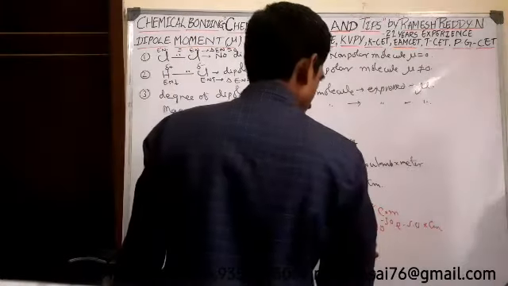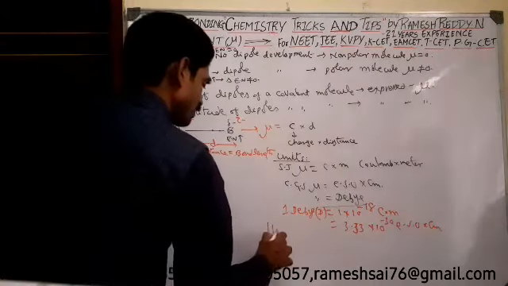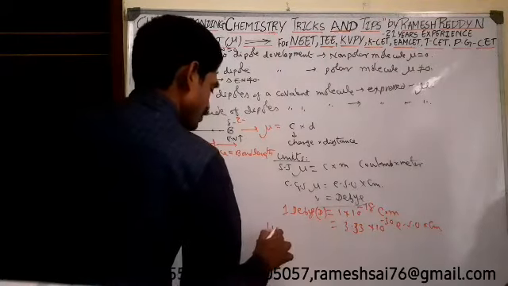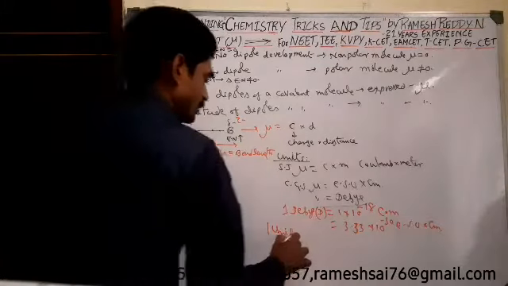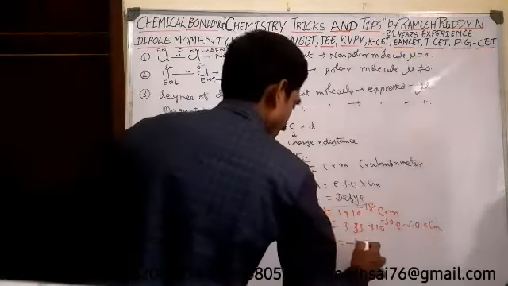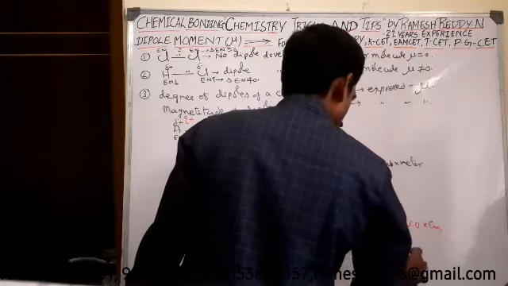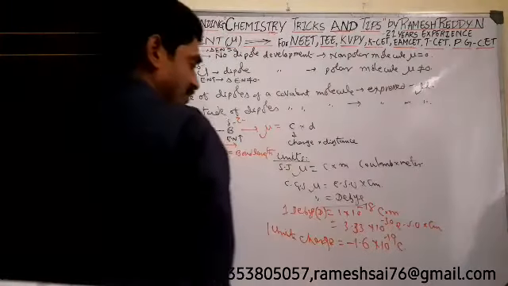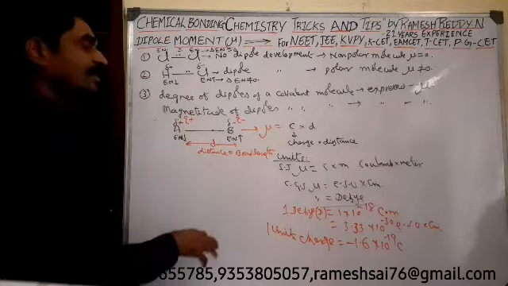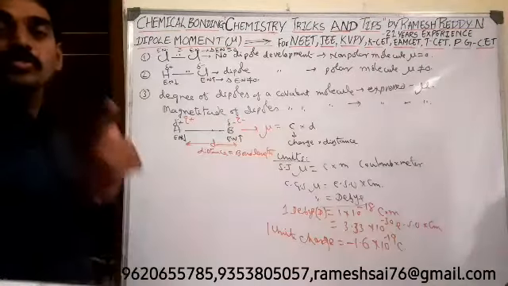And you know the charge of 1 electron, 1 unit negative charge, is equal to minus 1.6 into 10 power minus 19 coulombs. So this is the definition of dipole moment and its units. What is the cause for dipole moment?